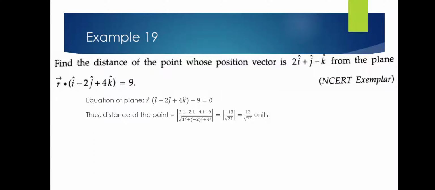Putting it this way: r vector dot i minus 2j plus 4k minus 9 equals 0, and the point is 2i plus j minus k. From there I can find the distance of the point following the formula, and this is the distance.